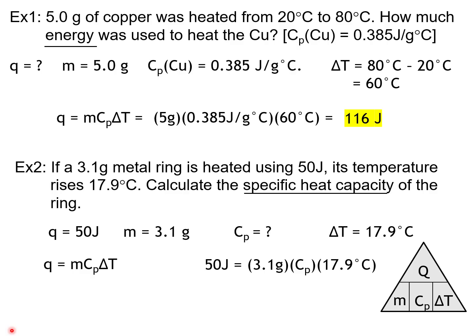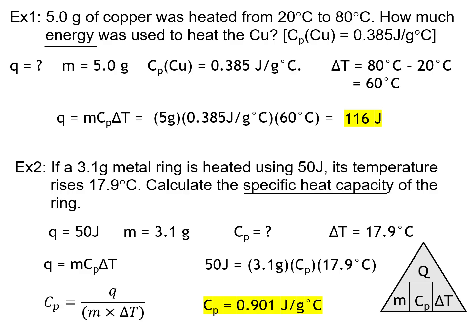I've had a colleague who came up with using this triangle method if you're having trouble figuring out how to rearrange the different equations. So just imagine you're covering up CP. That means that CP is going to be equal to Q divided by mass times change in temperature.